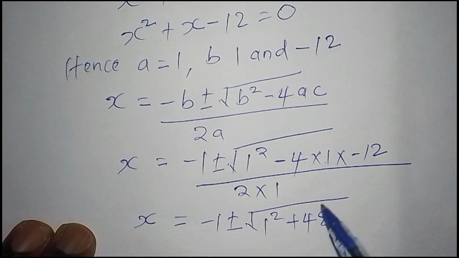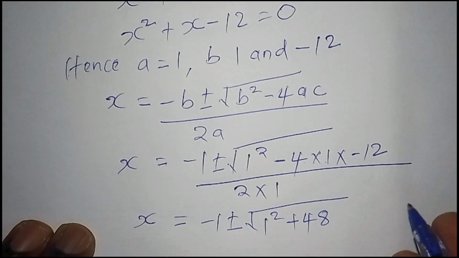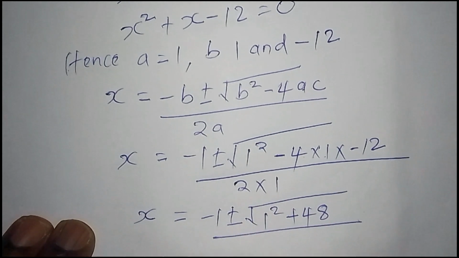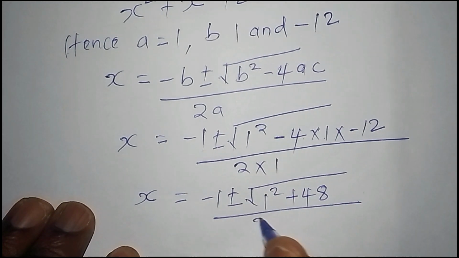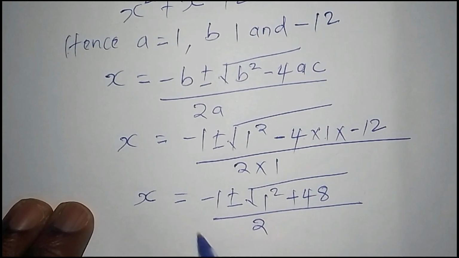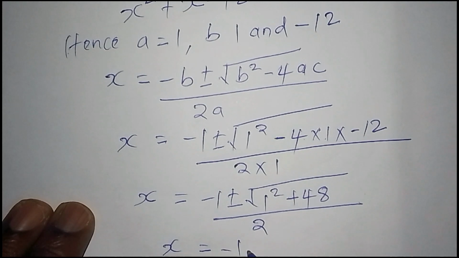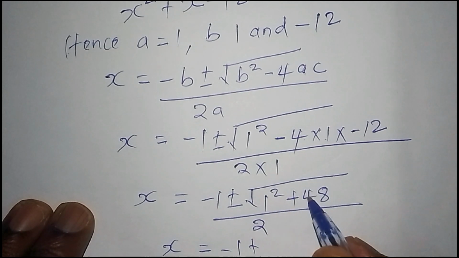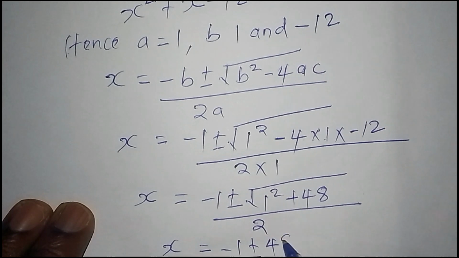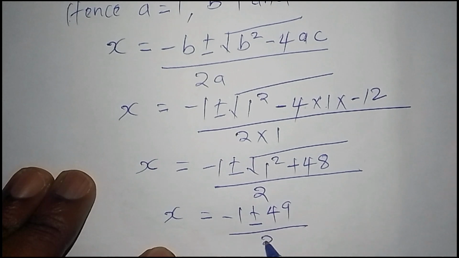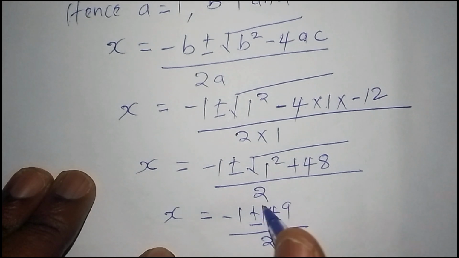So minus and minus brings plus 48, all over 2 multiplied by 1 is 2. So let's now work out this x. So our x shall be equals to minus 1 plus or minus the square root of 1 squared, which is 1, plus 48. So we shall have 49 there all over 2. Remember it's a square root, so we shall have it there as a square root.